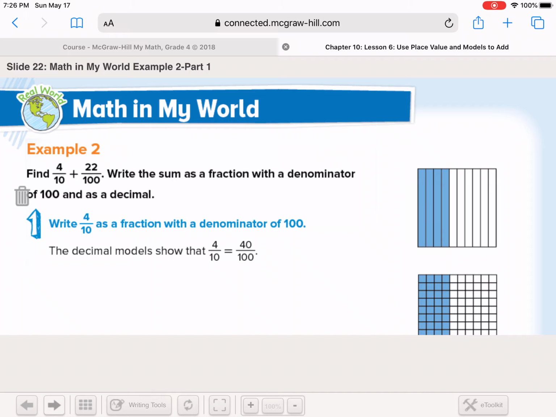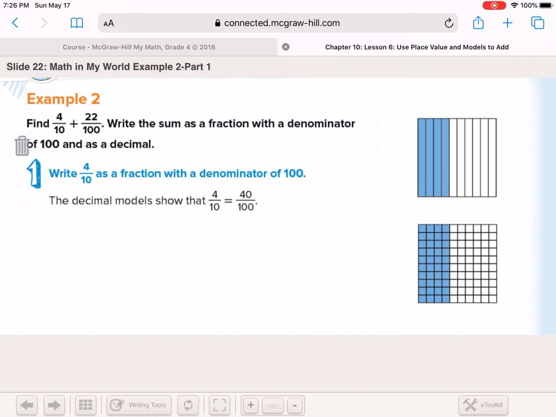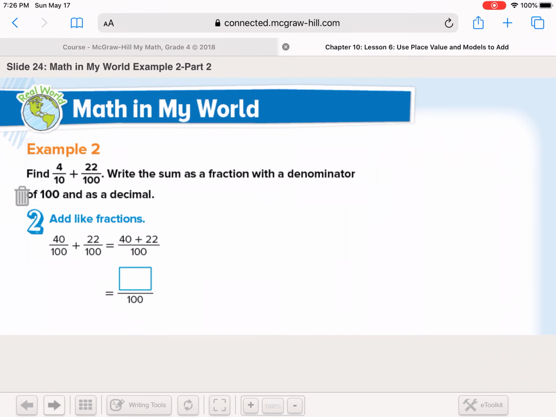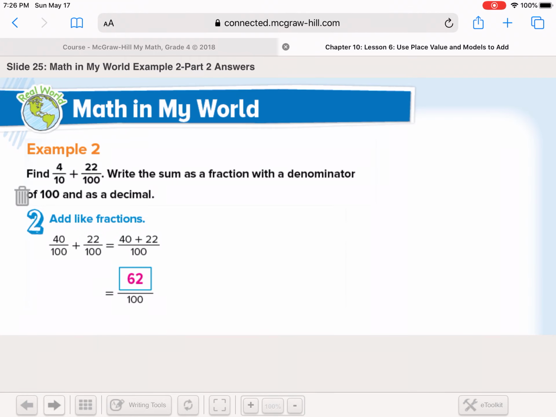Okay, it's the same thing, guys. 4/10 plus 22/100ths. You got to change your 4/10 to 40/100ths, and then you can add. 40 plus 22 is 62 over 100. 62/100ths.